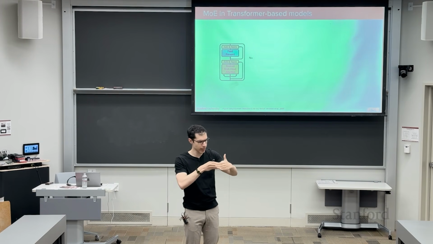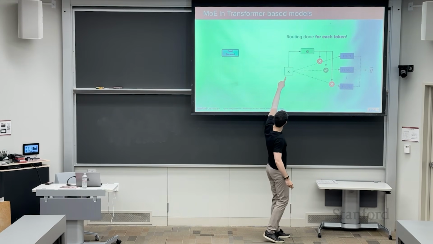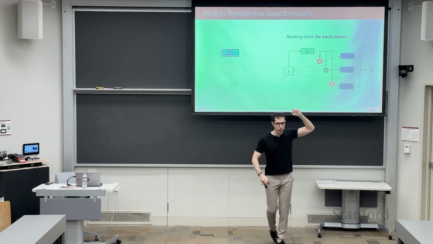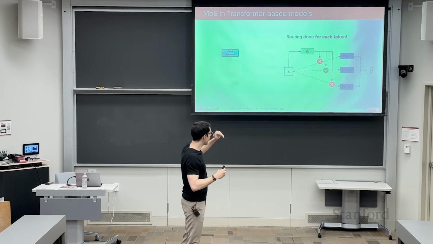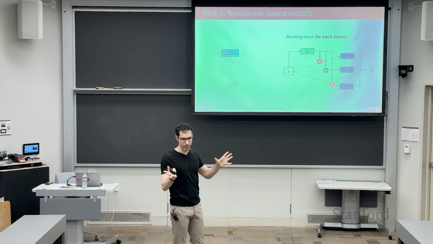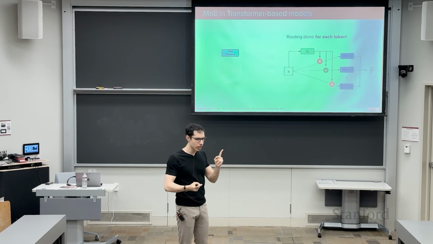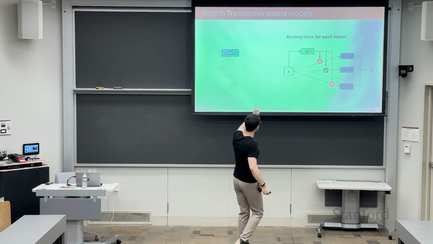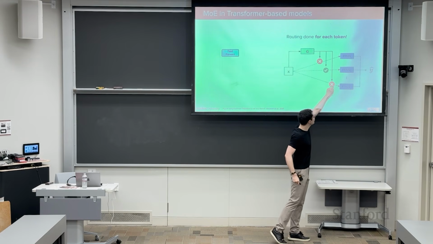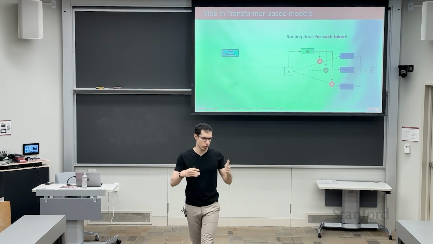X first goes into G, and G computes a probability distribution over all experts. Since we are in a sparse MoE setting, we only choose the top K. Suppose it's the top 1, just the highest probability; then you know which expert it will be, and you only compute the output of the expert that the input was routed to.